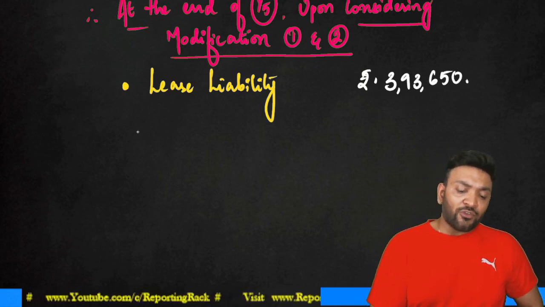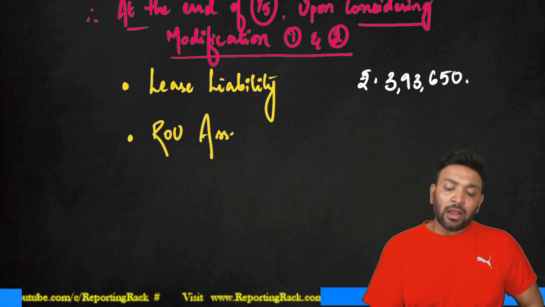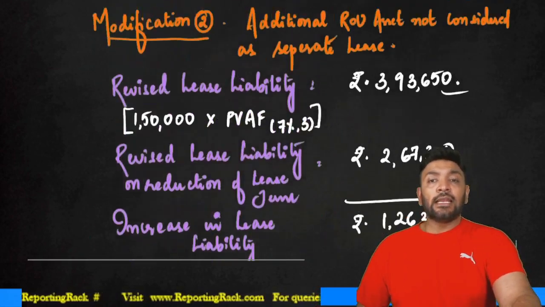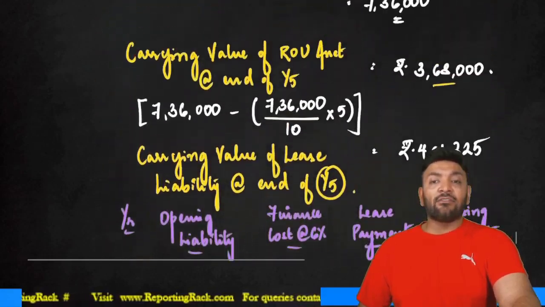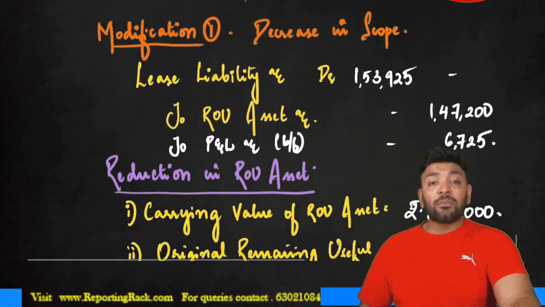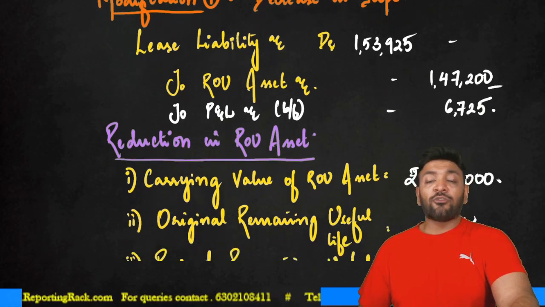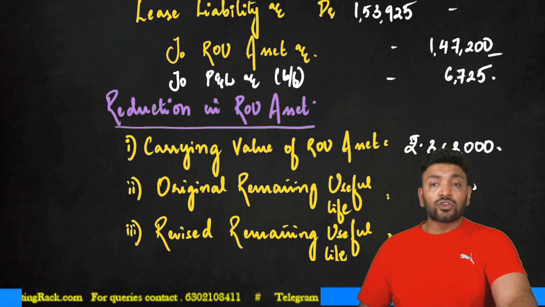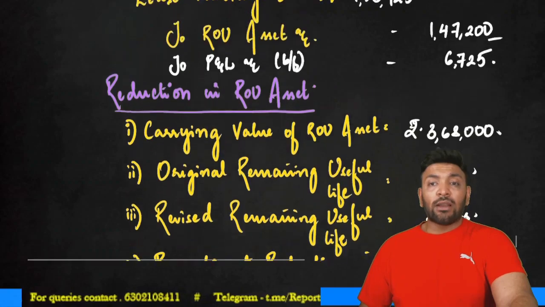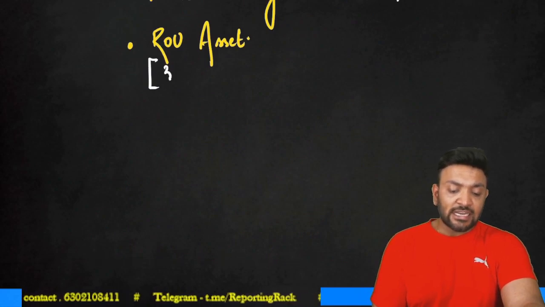But what is your value of ROU asset then? Initially my ROU asset had a carrying value of how much? 3,68,000. Out of 3,68,000, because there is a decrease in scope, I reduce the ROU asset with the value of 147,200. Correct? First it was 3,68,000.